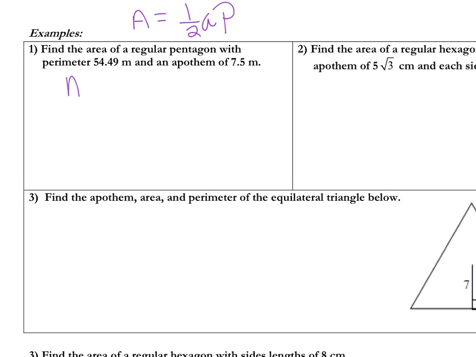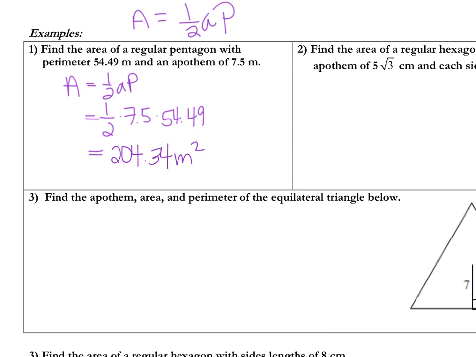So we're going to write down the formula and then plug in the information. So 1/2 times 7.5 times 54.49. And since it started in decimals, we can leave it in decimals. So we should get 204.34 meters squared.